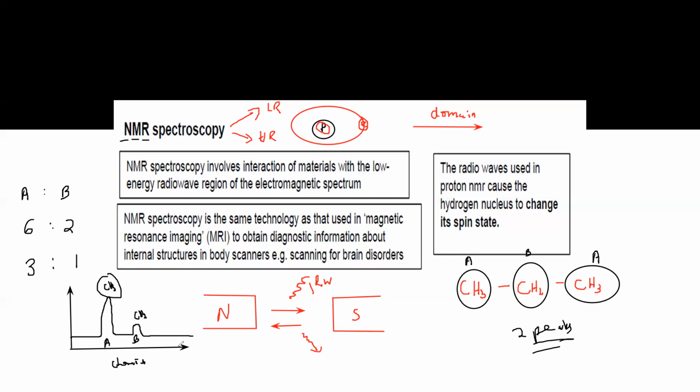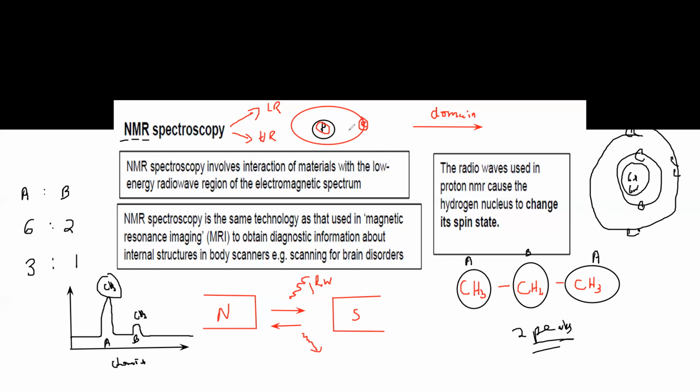So what we do is first apply an external magnetic field, which affects the atoms, the hydrogen. For the other atoms we did not mention any magnetic field, because, as you know, another element is carbon. What does carbon contain? It contains 6 protons, 6 neutrons and 6 electrons. So there is a probability, a chance, that it may be magnetic, may not be magnetic.